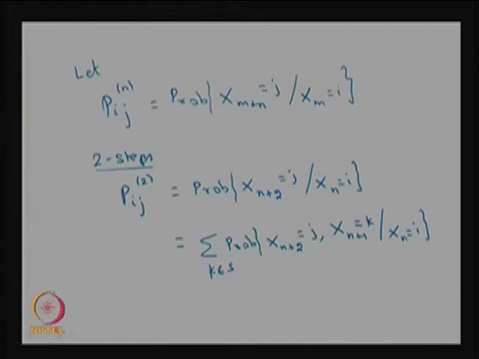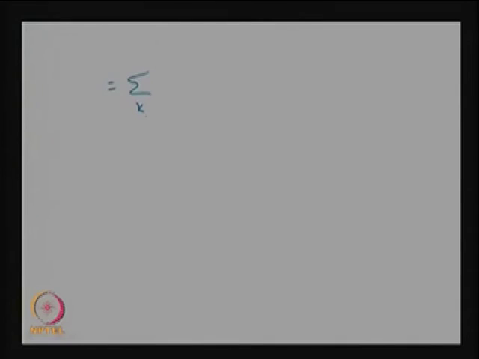Now, I can expand this. That is the sum over all possible values of k of the probability that the system was in the state j in the (n+2)th step, the system was in the state k in the (n+1)th step, and the system was in the state i in the nth step, divided by the probability that in the nth step it is in the state i.